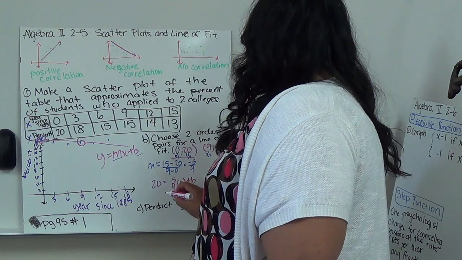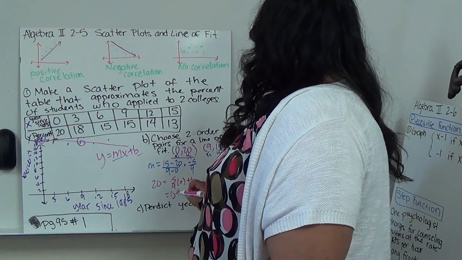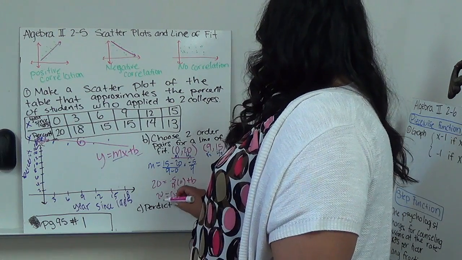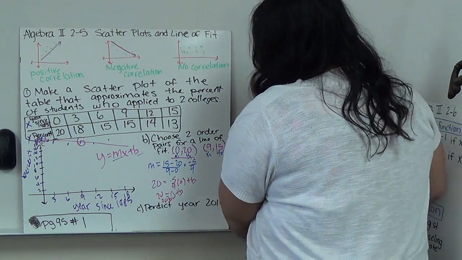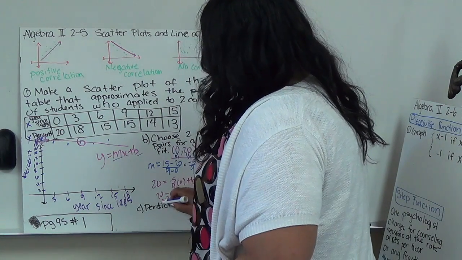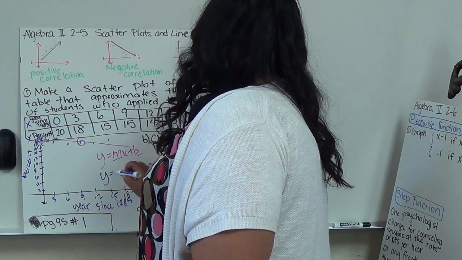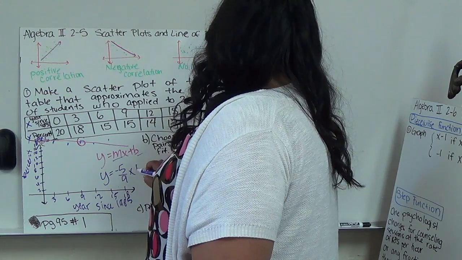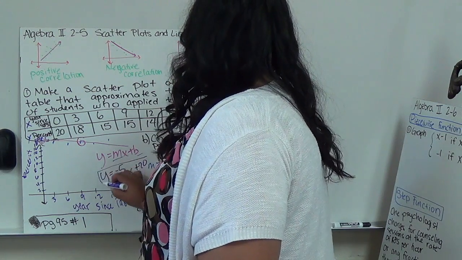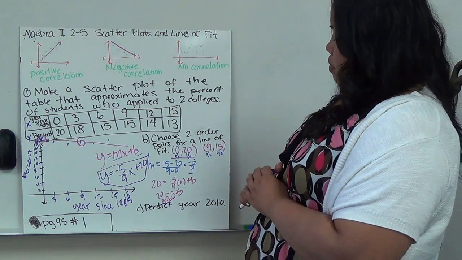Anything times 0 is 0. So 0 plus b is 20. So 20 equals b. So my equation with b and my slope is y equals negative 5 over 9 x plus 20. This is my equation, right?